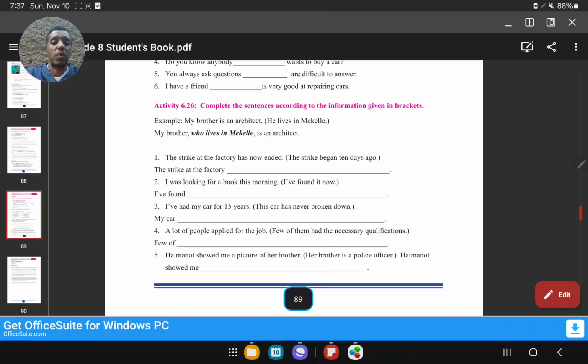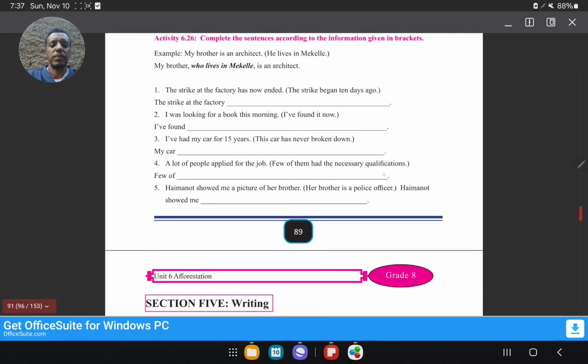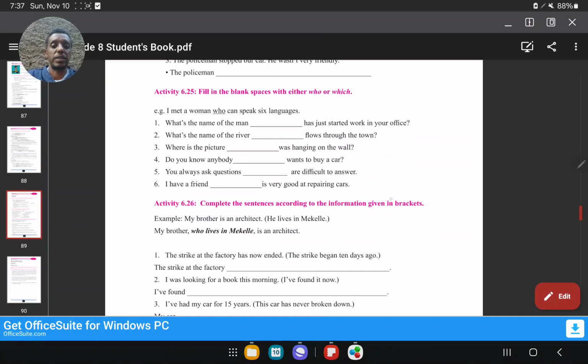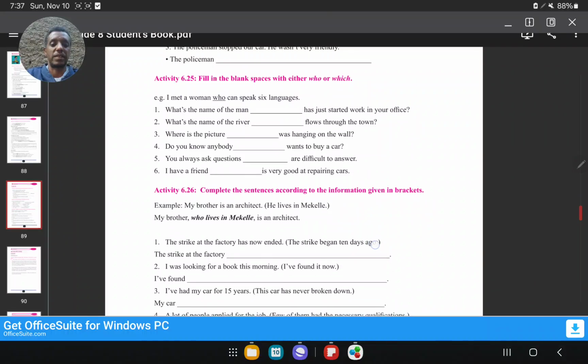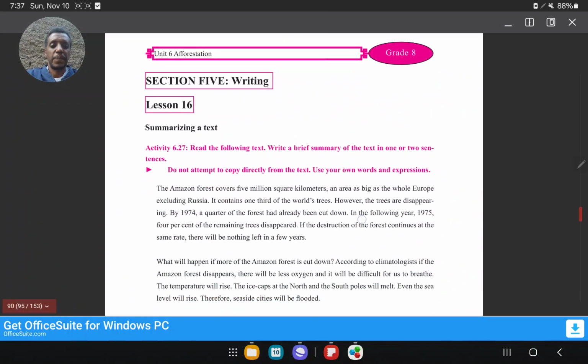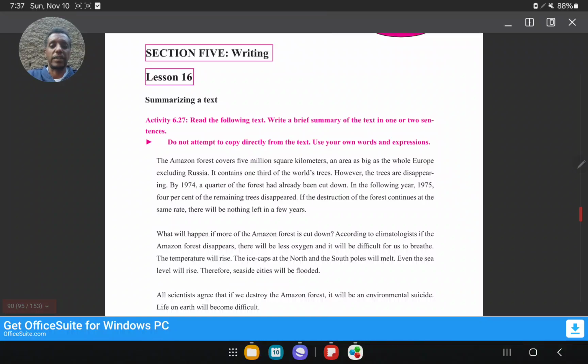We never use which for a person. Students, so try to study the words, relative clauses, especially the purpose of relative pronouns. This is all about relative clause, students.